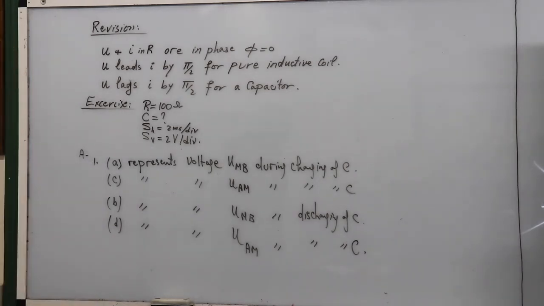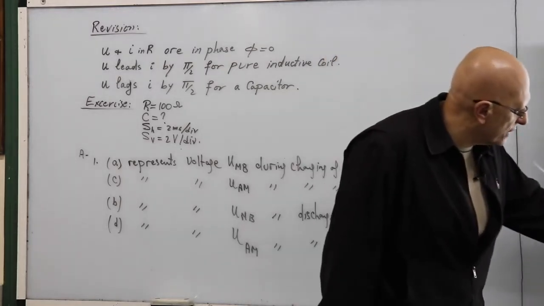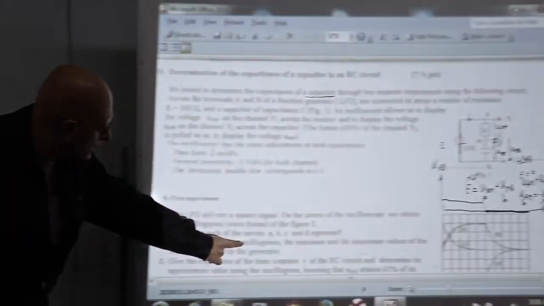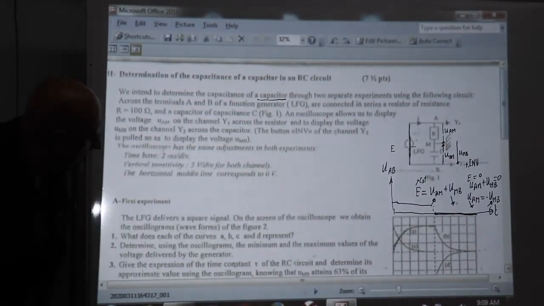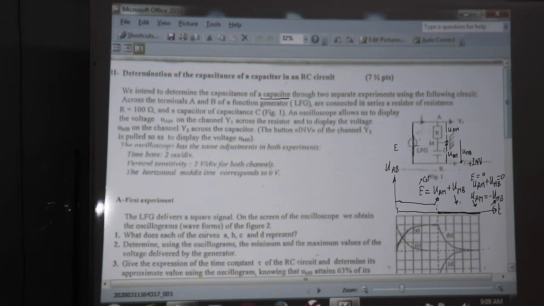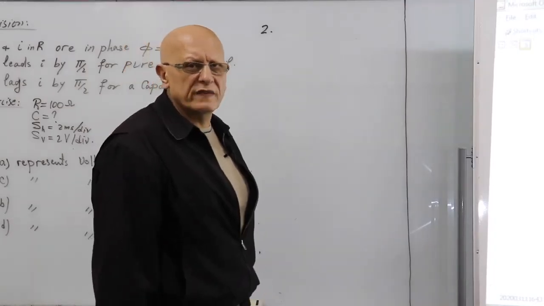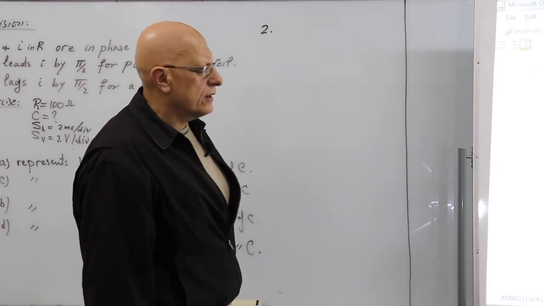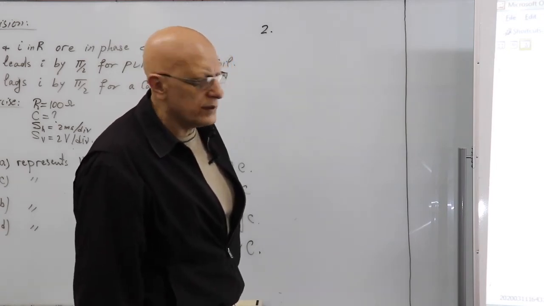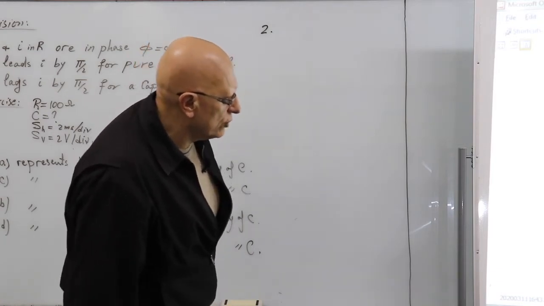Part 2 says: determine using the oscillograms the minimum and the maximum values of the voltage delivered by the generator. So he wants the minimum value and the maximum value of the voltage of the low frequency generator.